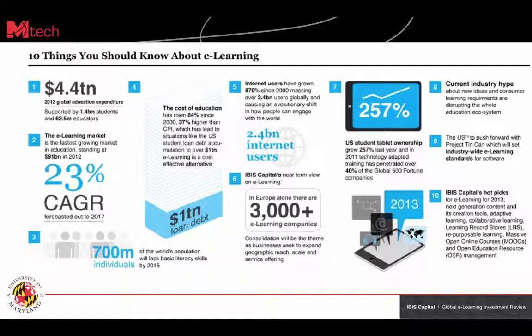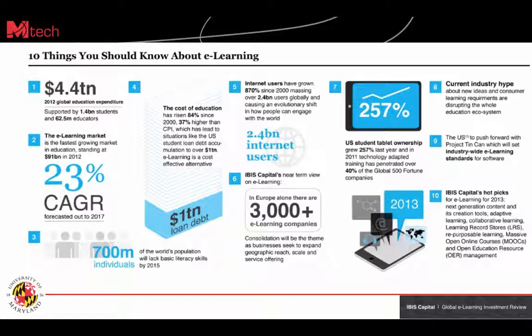Now, e-learning as a subset of the education market is sizable as well, at $91 billion. It also has a growth rate in the near term of 23% per year. So that average growth rate through 2017 is 91 billion, increasing at 23% per year.